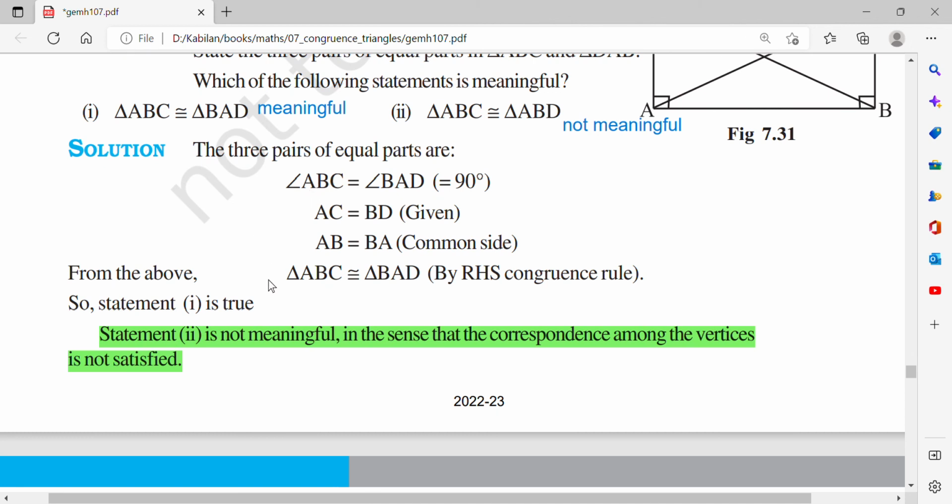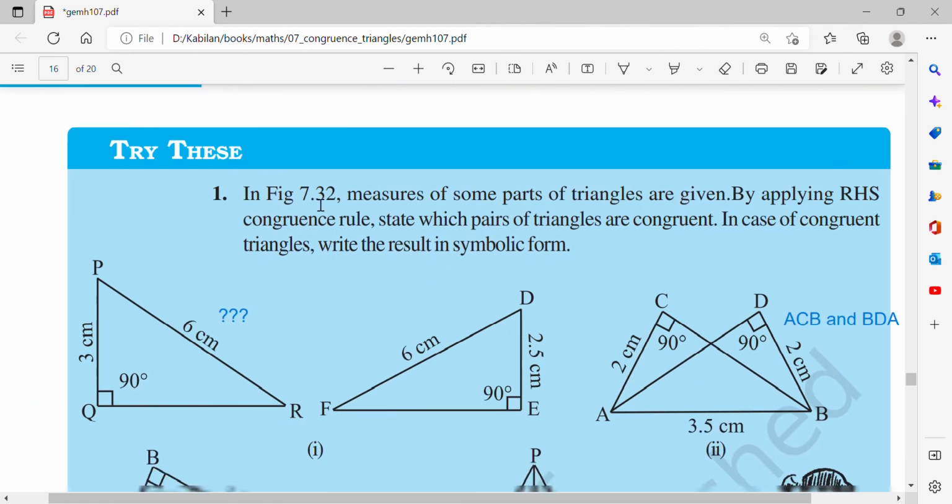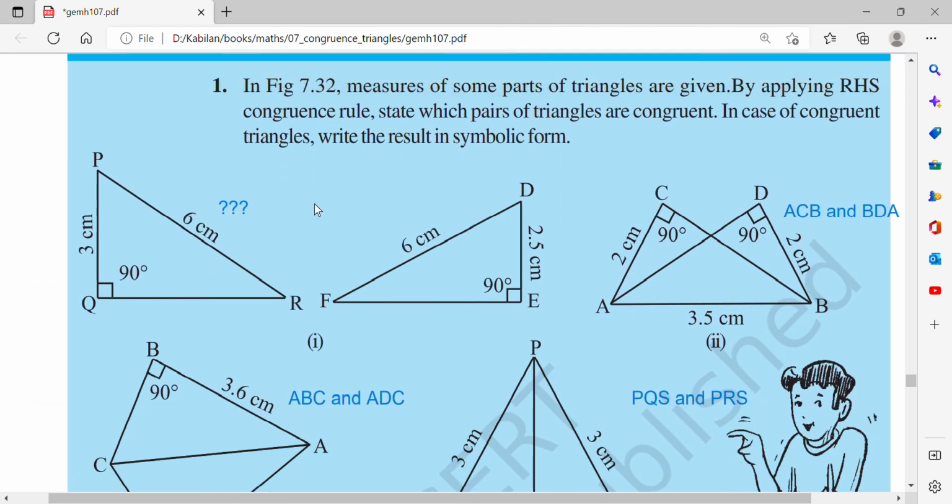So statement 1 is not meaningful. Statement 2 is also not meaningful. Here the hypotenuse is the same, but the sides are not equal. Here different side length, so this is not congruent, I think.